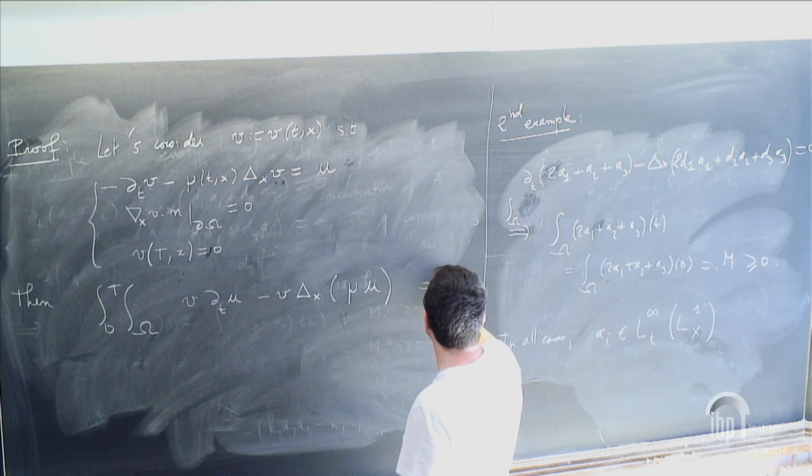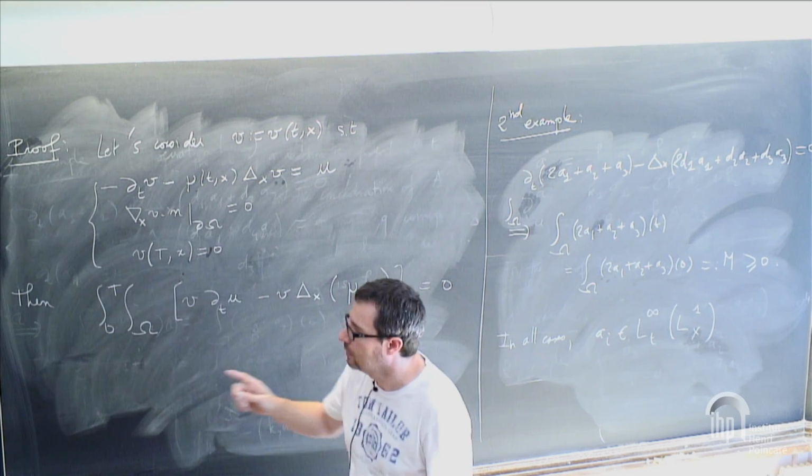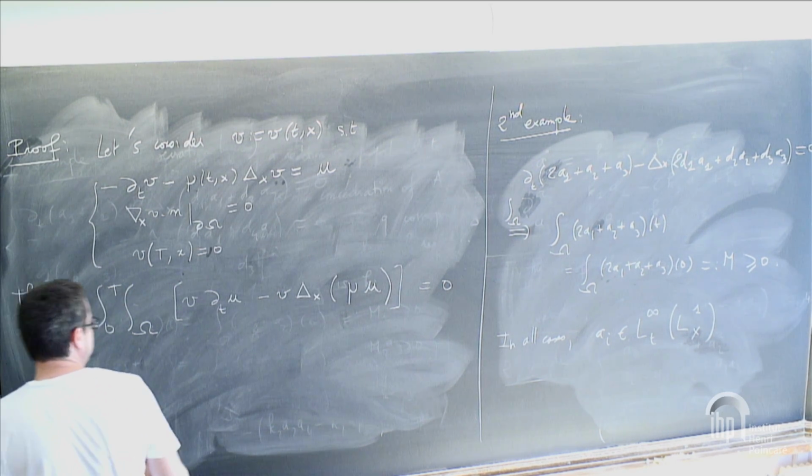And this is equal to 0, okay? I integrate in both t and x the equation which is here, once I have multiplied first by v. And then I do the integration by parts. So what I will get is the following.